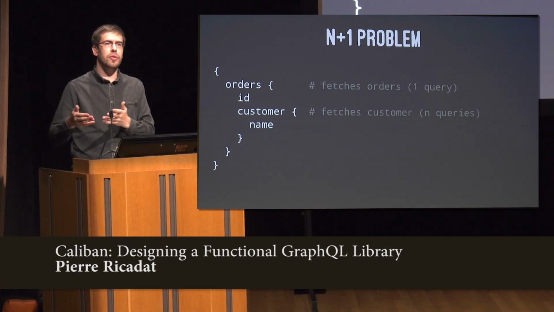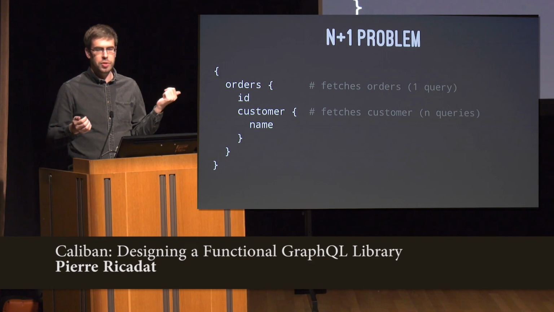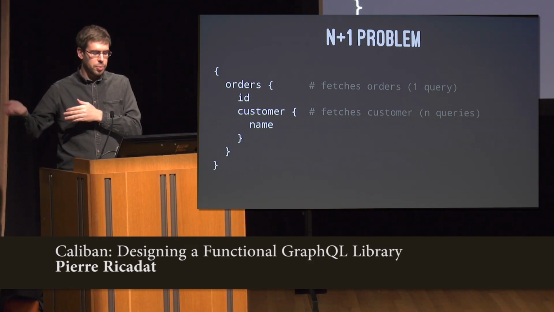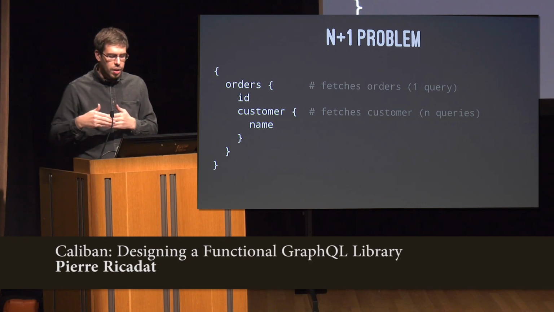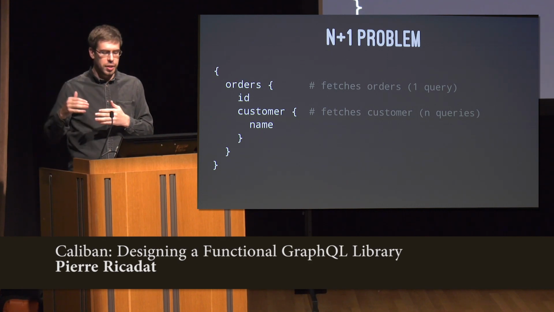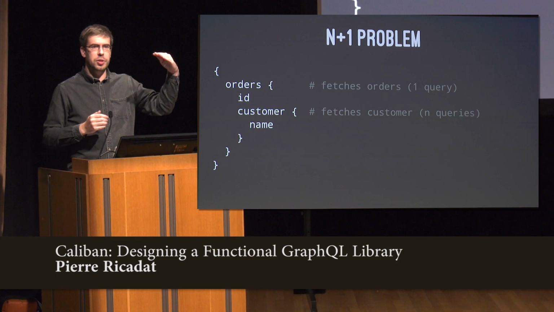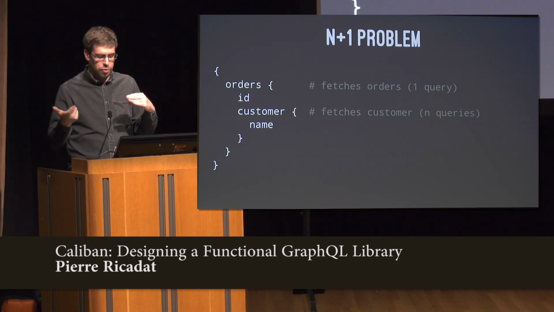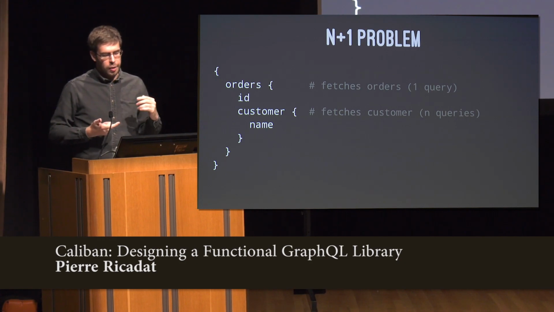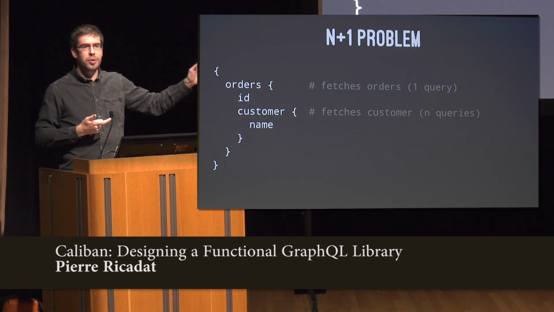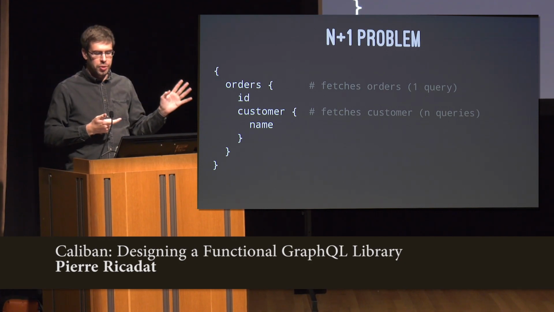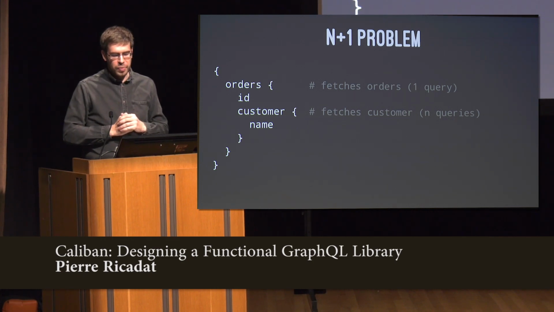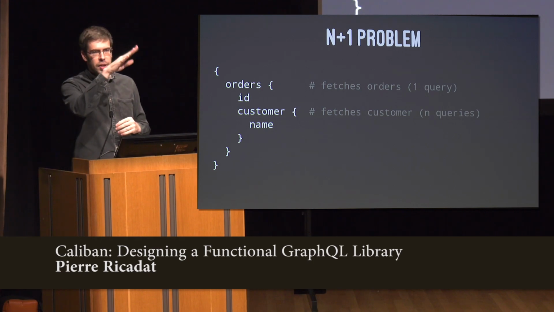And then for each order, you have a customer ID, where you need to return the customer names. And you need to do another DB query to get the customer name from the ID. If you do it in a naive way, you're going to end up doing one query to get the orders, and then n queries to get the name for each ID. The more nesting you have, the more this problem can become important, because it grows exponentially. So it doesn't work so well if you just have the naive approach.